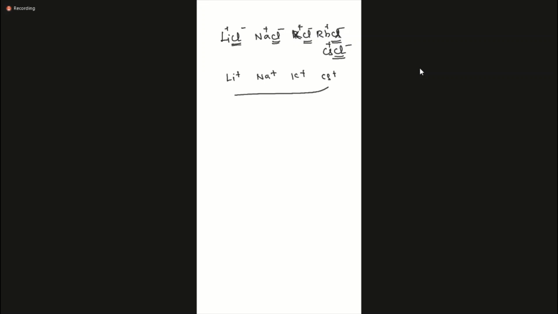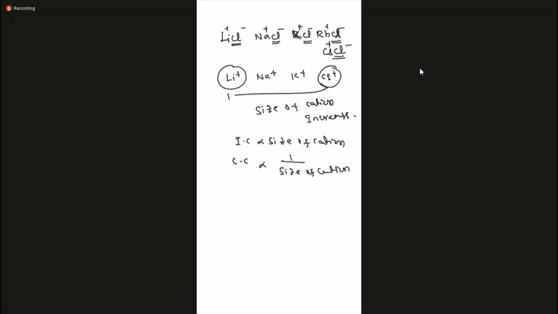Down the group, size of cation increases. Is it true or not? So now you know Fajan's rule. Ionic character is directly proportional to size of cation, and covalent character is inversely proportional to size of cation. So size is less, size is more. That's why I'm going to write small size cation here, and this is a large size cation.